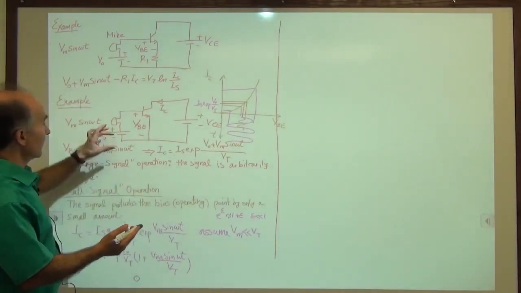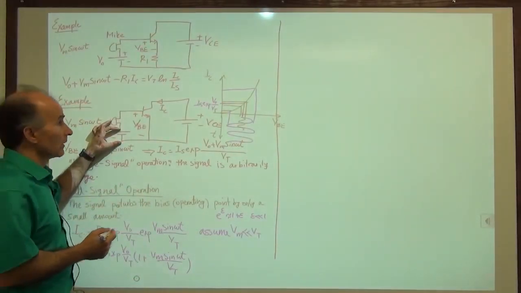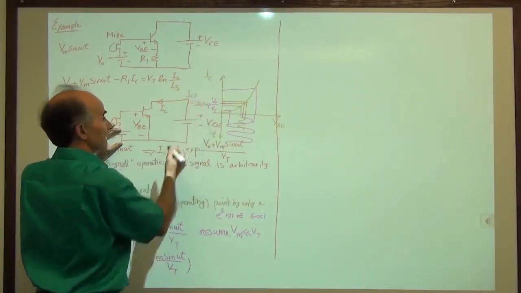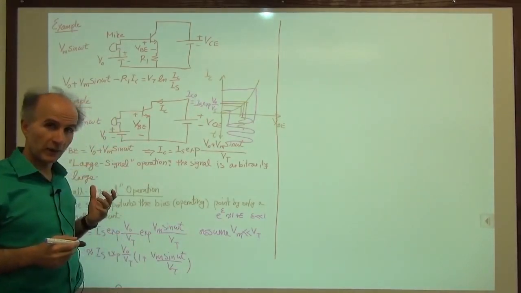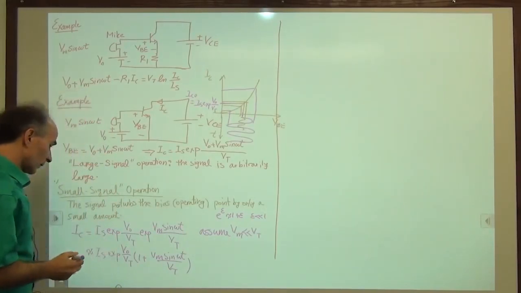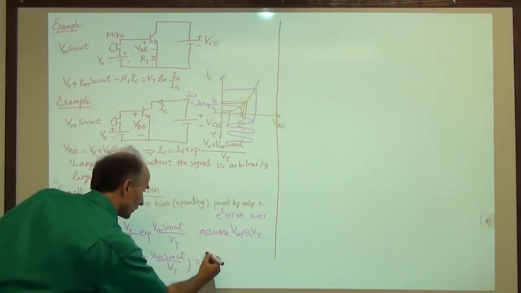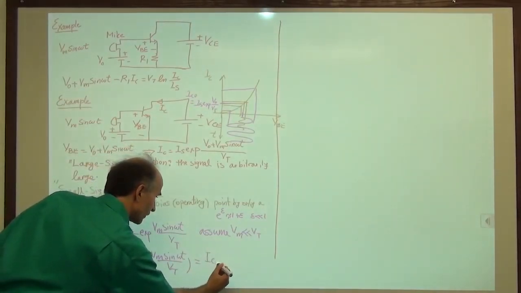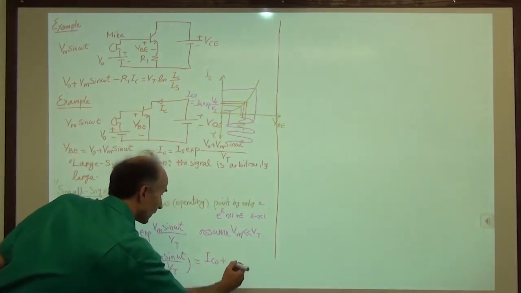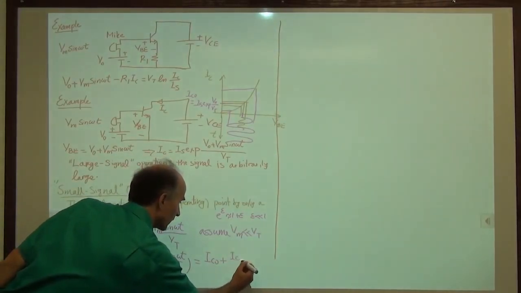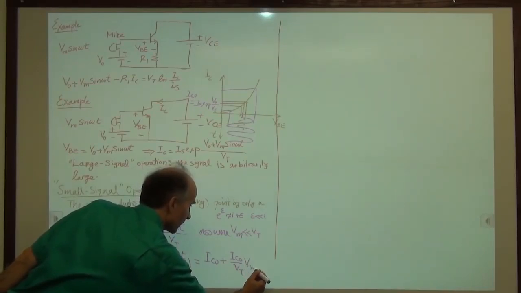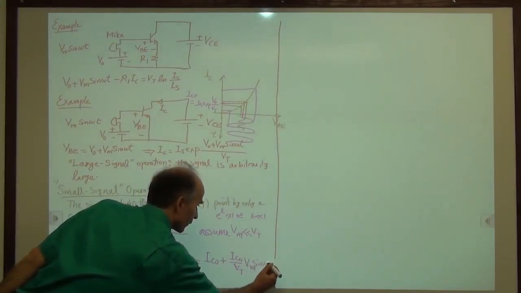There is only a battery voltage here, right? So we will denote this by, maybe, IC0. That's the bias value of the collector current before we have any sort of signal on it. So then this would be equal to IC0. Let's bring this in. Plus IC0 over Vt times Vm sine of omega t.